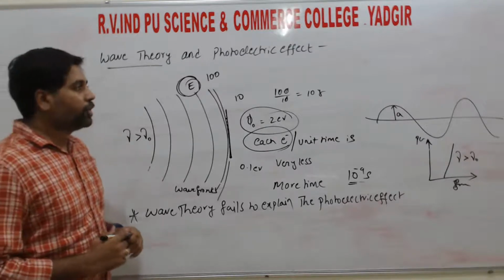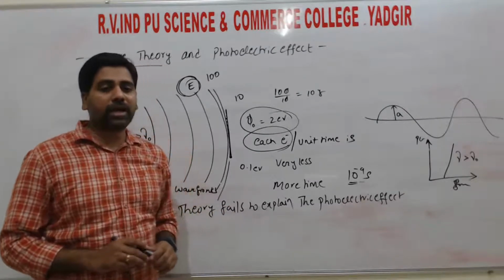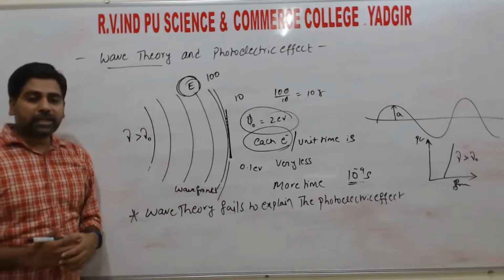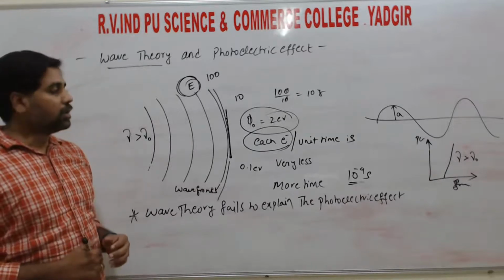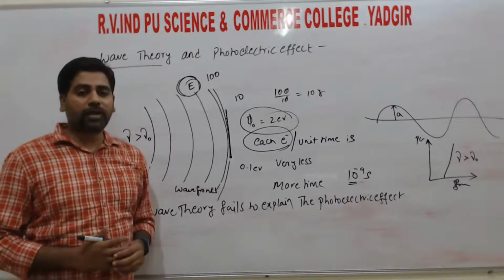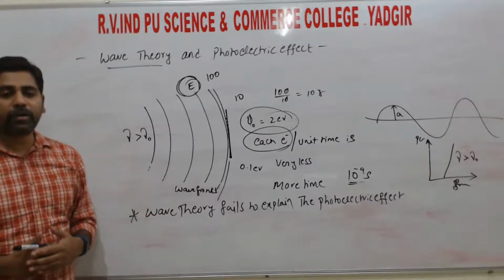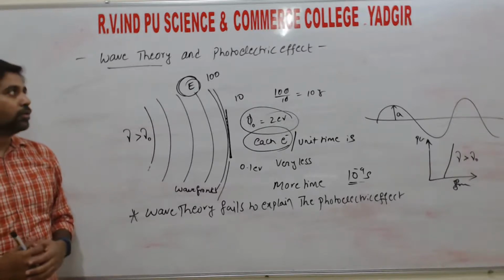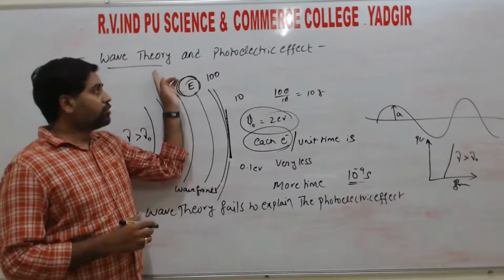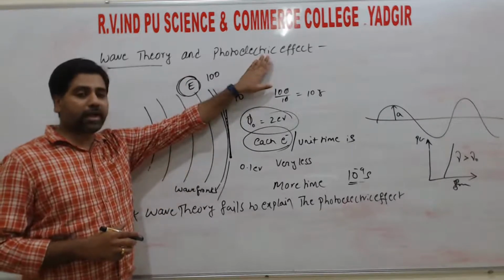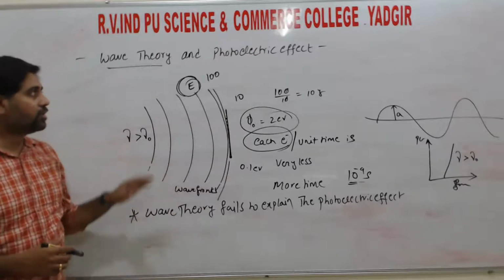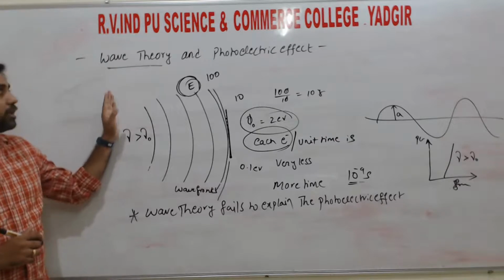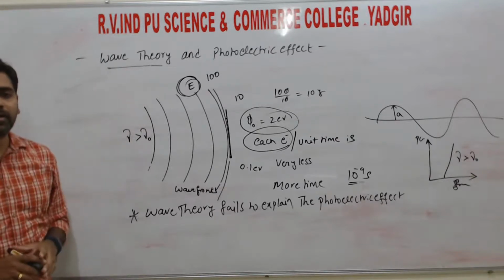The key points are that it fails to explain the relation between energy and intensity, it fails to explain the instantaneous process of photo emission, and the third is the threshold frequency. There is no relation between the intensity and the frequency of the incident radiation. So wave theory fails to explain the photoelectric effect. This is the synopsis, the explanation of wave theory and the photoelectric effect.